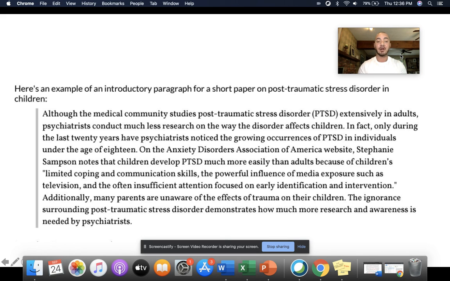Notice how the introduction sets us up by hooking the reader, providing a little bit of background information, and then providing a clear thesis statement that allows us to know what to expect the rest of the paper is going to be about. In the next video, we're going to talk about body paragraphs and how body paragraphs are aligned to support the introduction in an essay.